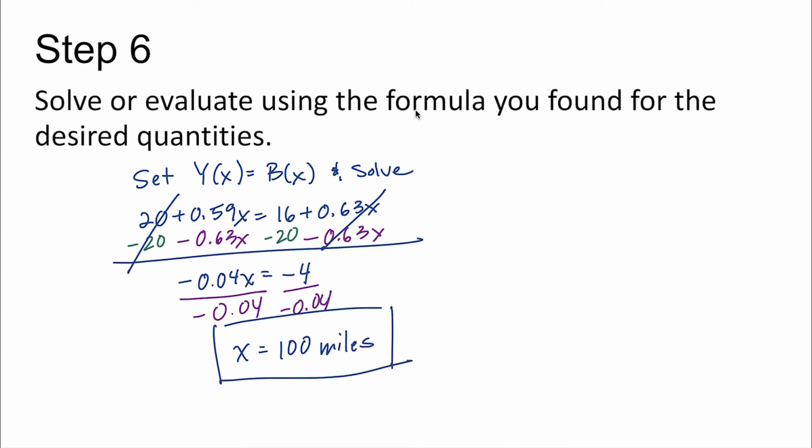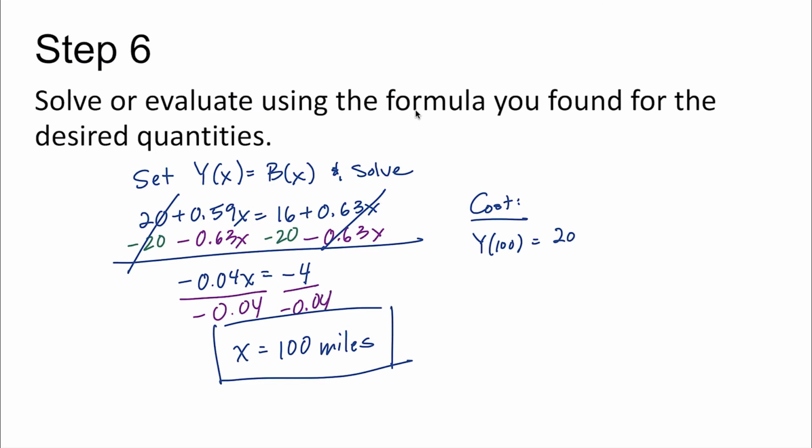So this means that if we drive 100 miles, the cost of renting a U-Haul or a budget truck will be exactly the same. If we wanted to find the cost, we can plug 100 into either the y or b function. In this case, I'll plug it into the y function.